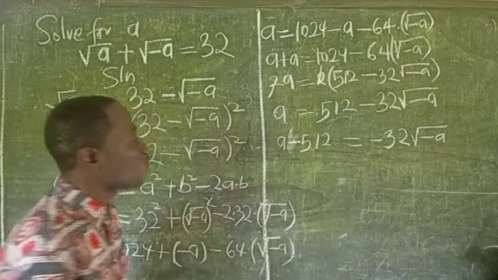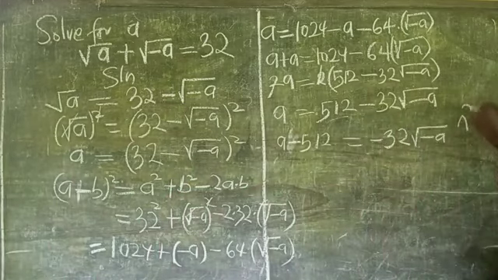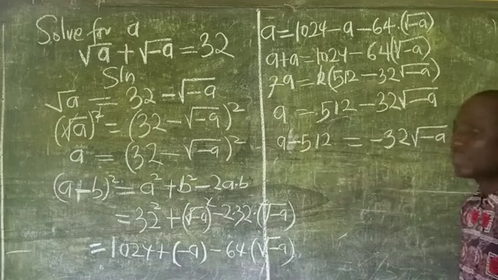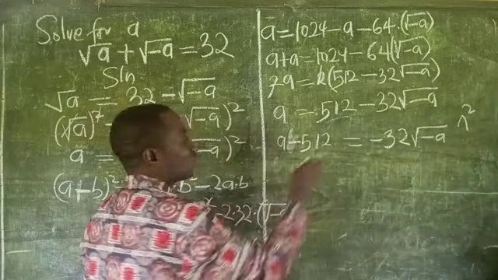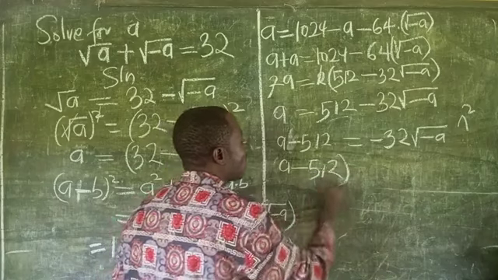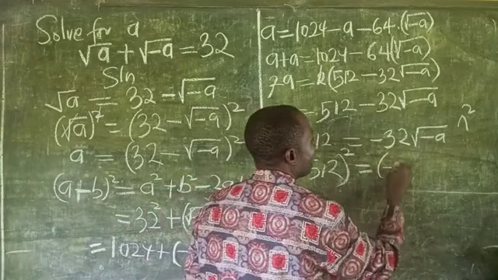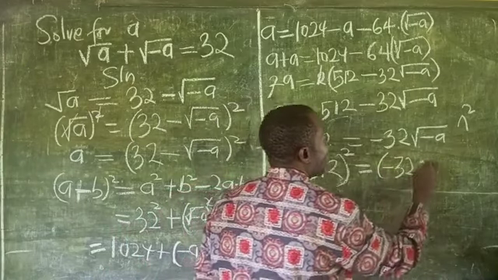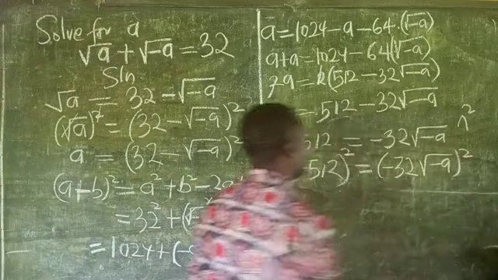And we're going to take the square of both sides. If you take the square of both sides, this other part becomes the difference of two squares that we have dealt with previously, to enable us to go further. So a minus 512 squared is equal to minus 32 square root of minus a, squared.